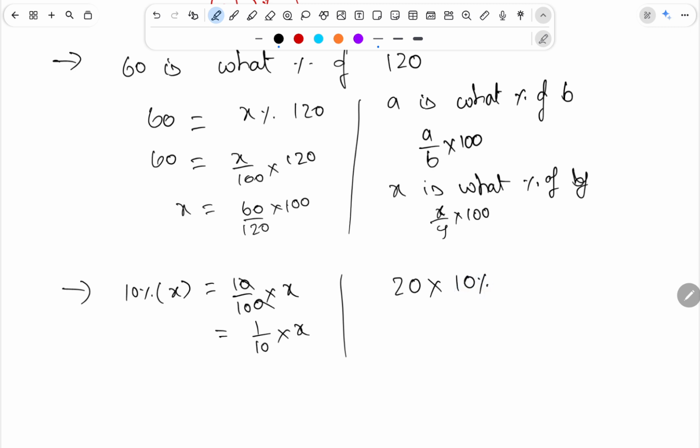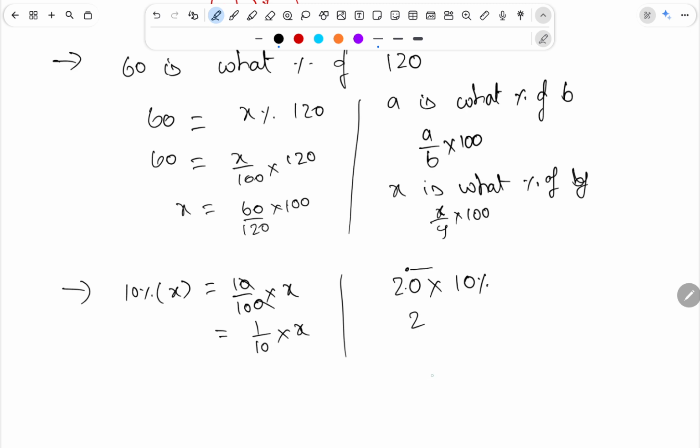Hereafter I don't write 10% means 10 by 100 and then cancel. What I told, 10% means 1 by 10. Multiplying a number by 1 by 10 means the decimal should move one digit from the rightmost. So 2.0, so 2.